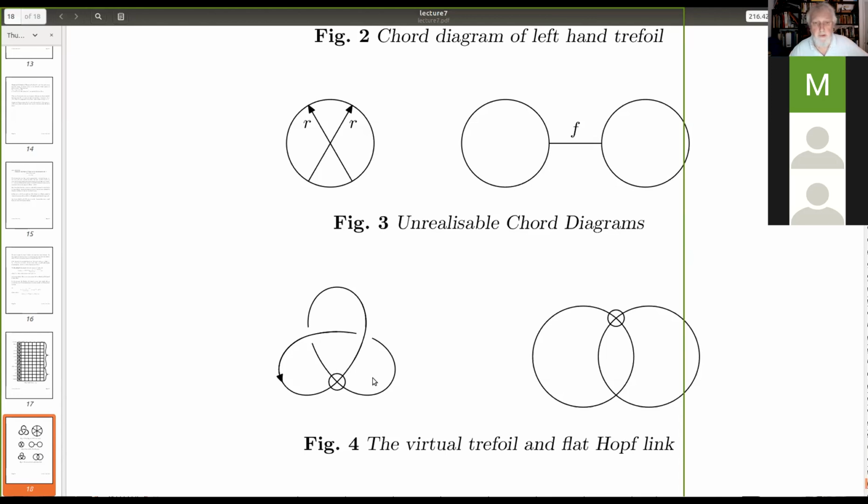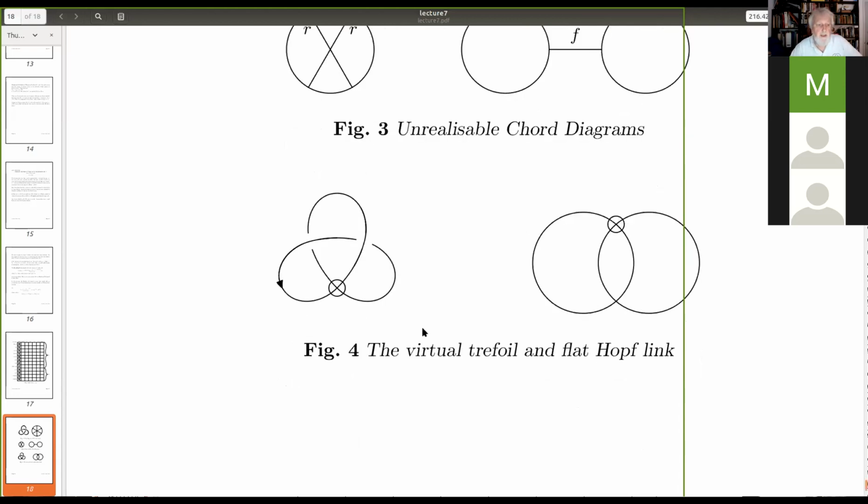So for instance, to realize this, we've got two positive crossings here, and we can't join this up to here without crossing this arc here. So we say, okay, we'll do that. And then we've got this virtual crossing here, and that's the same here with this one. If we try and realize it, we've got one flat crossing, because F is the flat, and then in order to complete the circle, we have to put in a virtual crossing there.